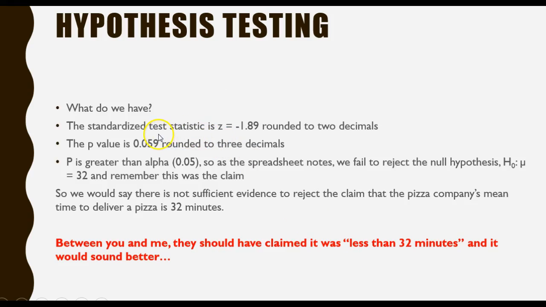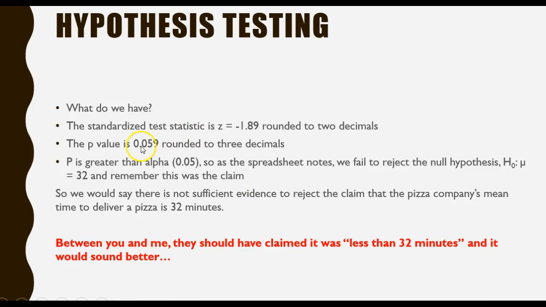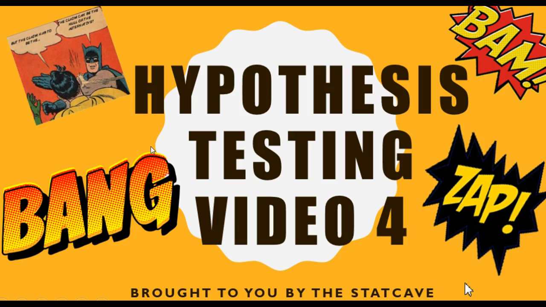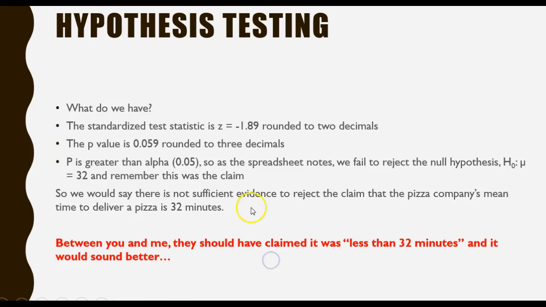So what do we have? The standardized test statistic, negative 1.89, right here. If you round that to 2 decimal places, it would be negative 1.89 versus a p-value of 0.059. Right here, if I rounded that to 3 decimal places, 0.059. Okay.